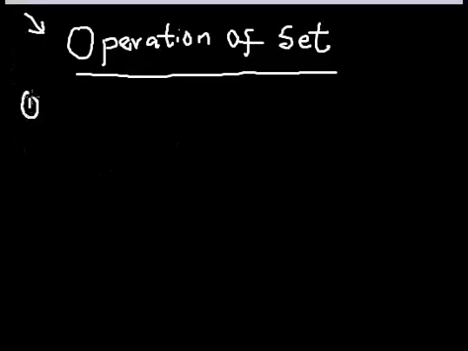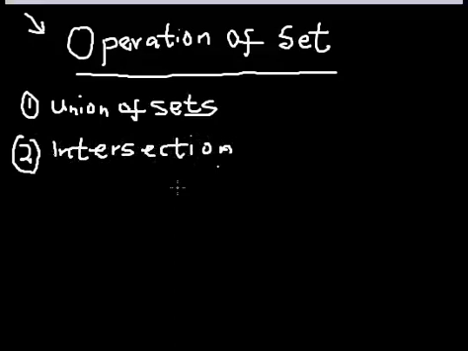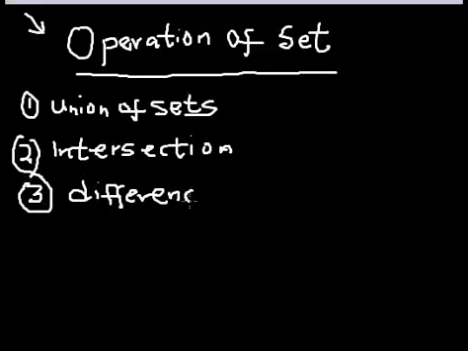Number one operation we're going to look at is the operation that happens when we find the union of sets. Number two is an operation that involves looking for the intersection of sets. Operations also include looking for the difference, especially of two sets.